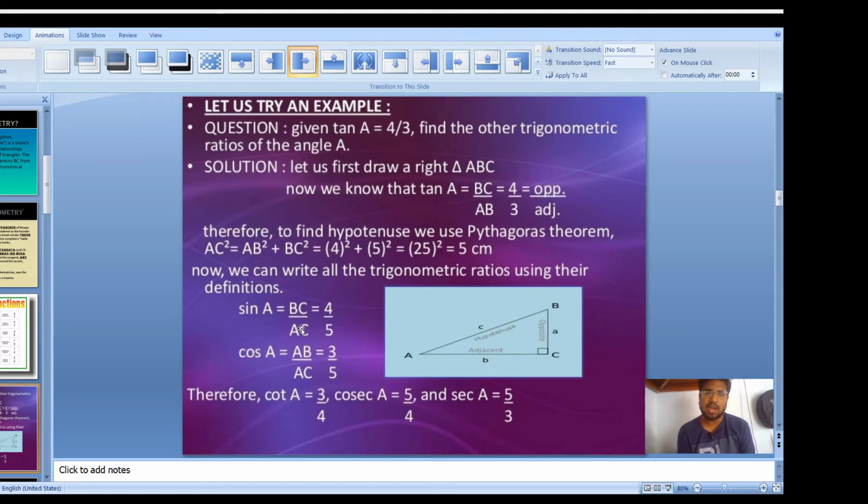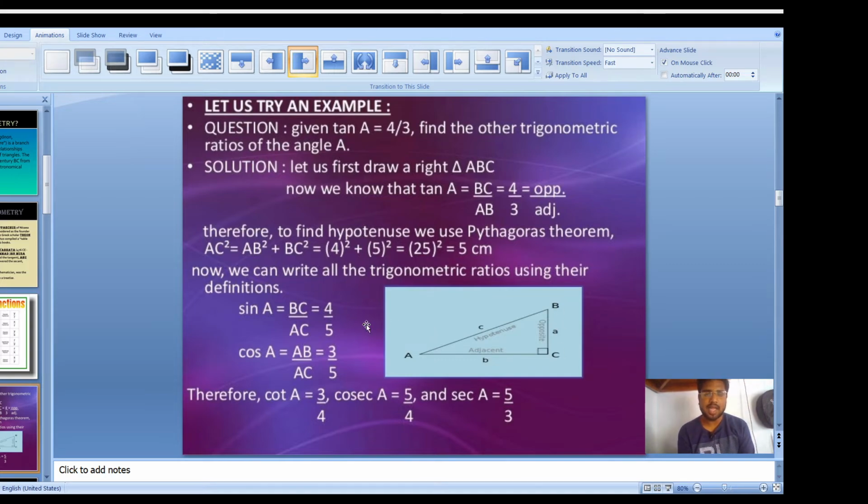Now comes the value of sine A. Sine A is equal to perpendicular upon hypotenuse. So the perpendicular is BC and the hypotenuse is AC. In this image, B and C are swapped, so there is one mistake.